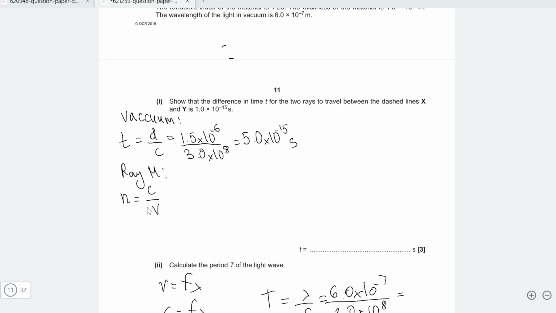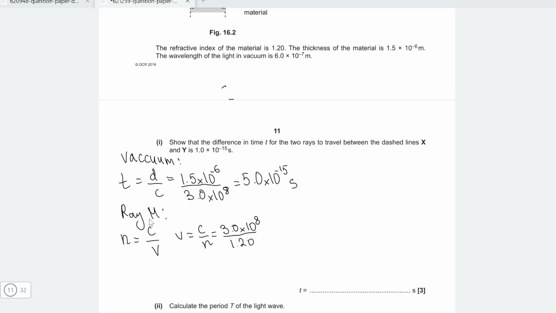So in this case, if we're looking for the speed of light in that particular substance, then this will just be equal to c divided by n, which is 3.0 times 10 to the power of 8 divided by the refractive index, which is 1.20, and this will be equal to 2.5 times 10 to the 8 meters per second.